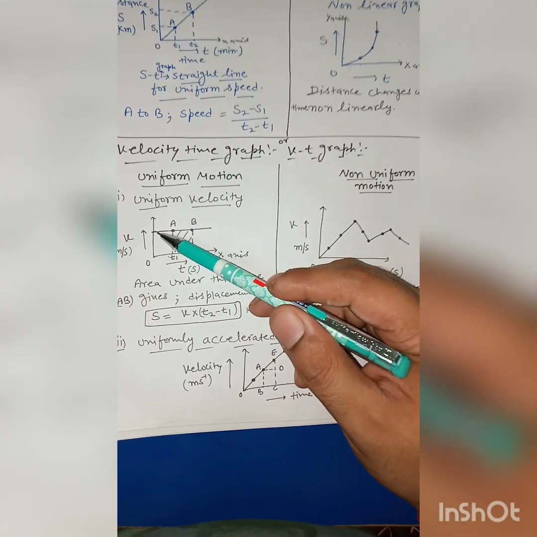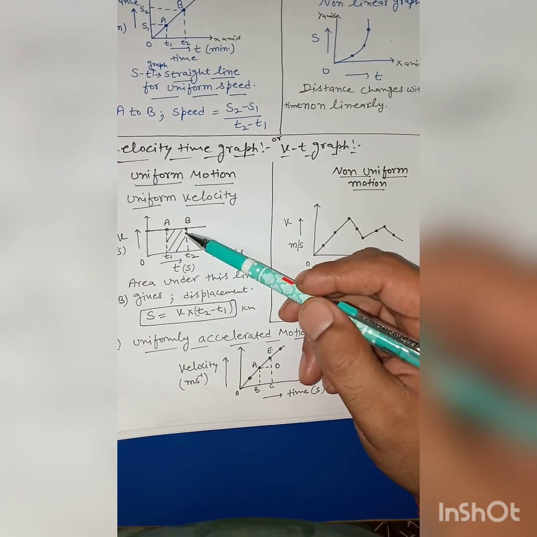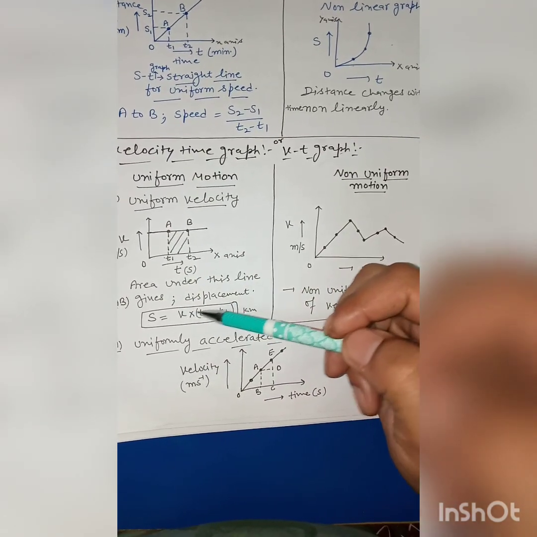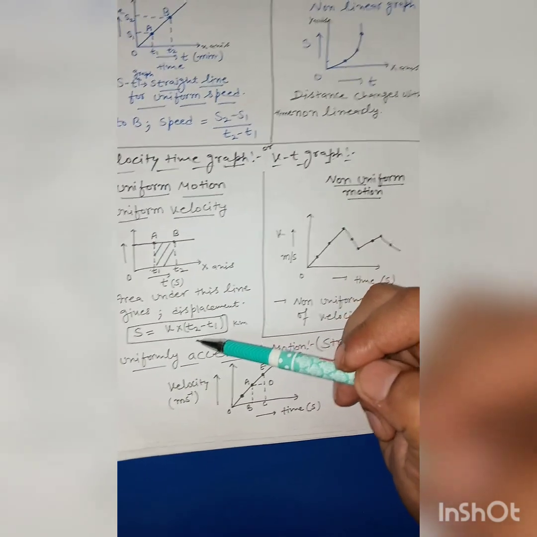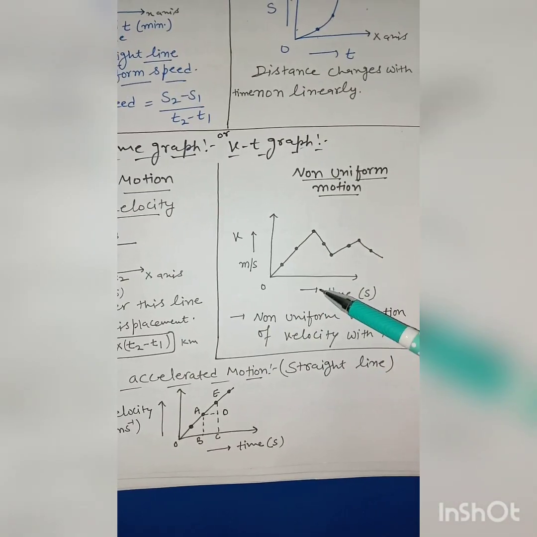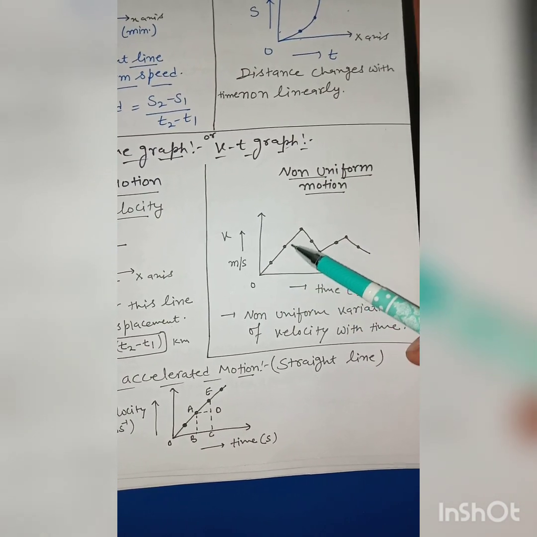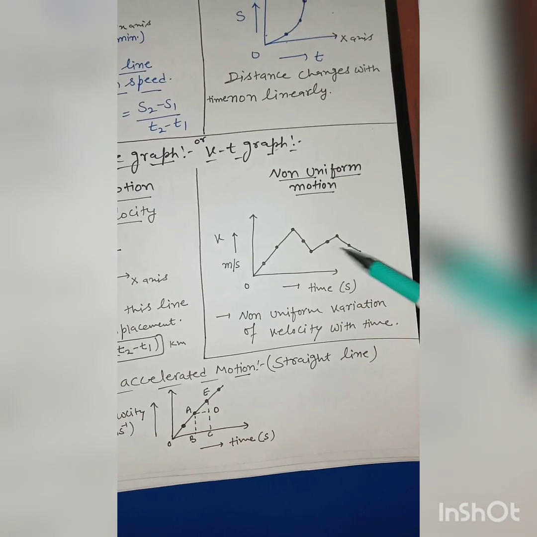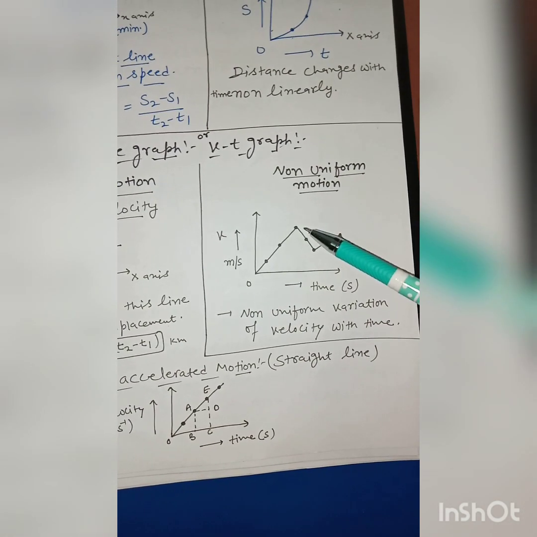Velocity at A is v, at B is also v, but time is changing from t1 to t2, so displacement will be velocity into change in time, that is t2 minus t1. In case of non-uniform motion in the velocity time graph, velocity first increases, then decreases, increases, decreases.